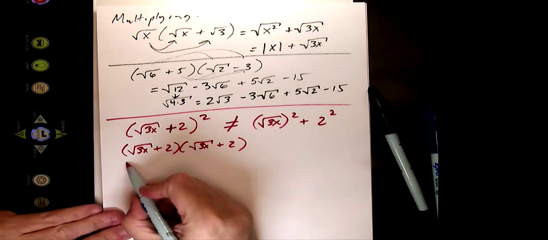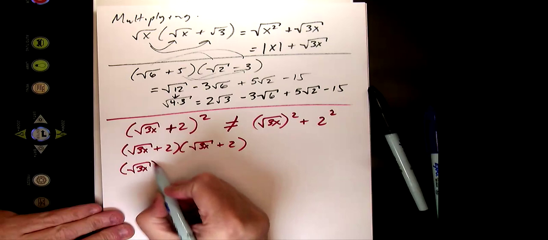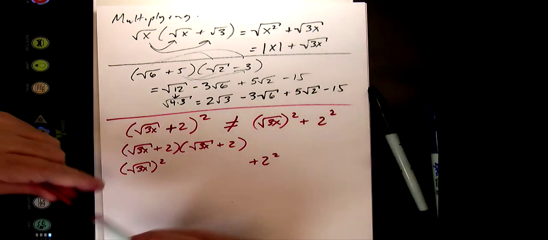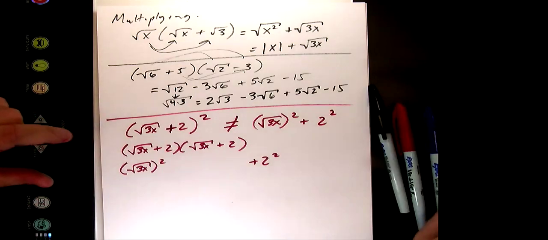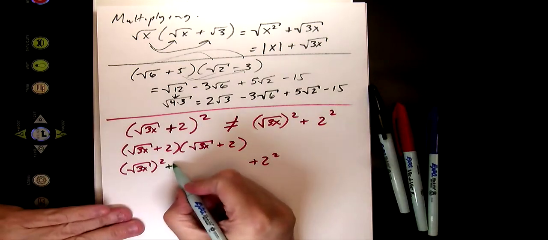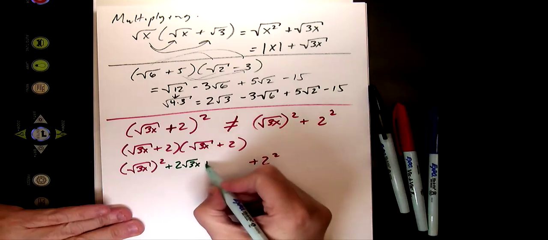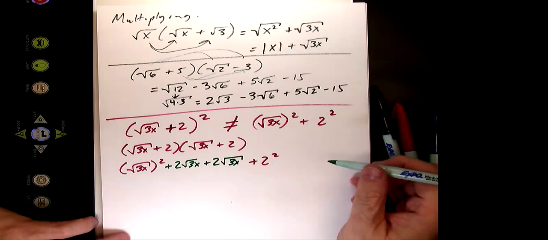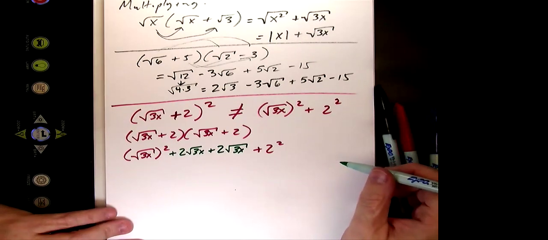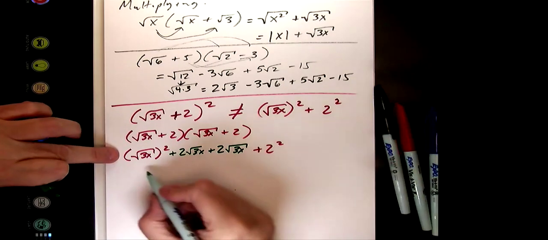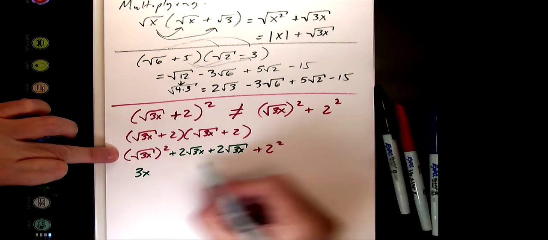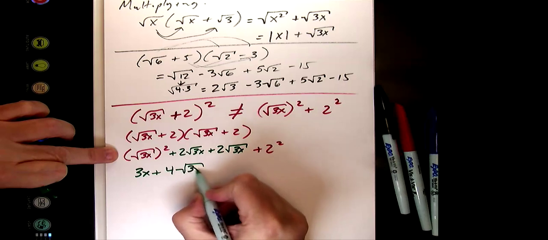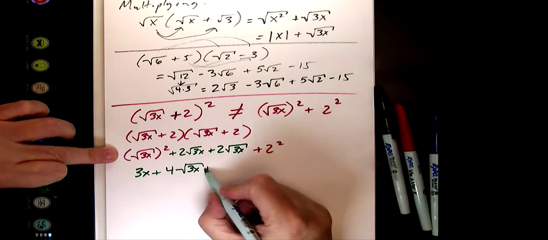We will still see the square root of 3x squared and the plus 2 squared. But we also have a plus 2 root 3x, and plus another 2 root 3x. So this squared is 3x. Those combine together to make 4 square roots of 3x. And that's plus 4.